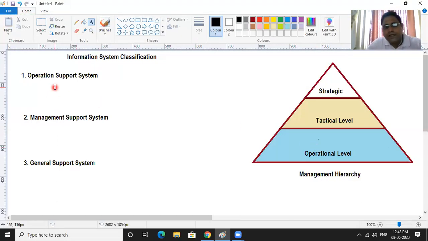Now this operation support system basically assists the operations or the transactions within an organization. Here the information system is not directly assisting the managers or the employees in their decision making. It is just assisting the operations at the operational level. What are the tools which come under this one?